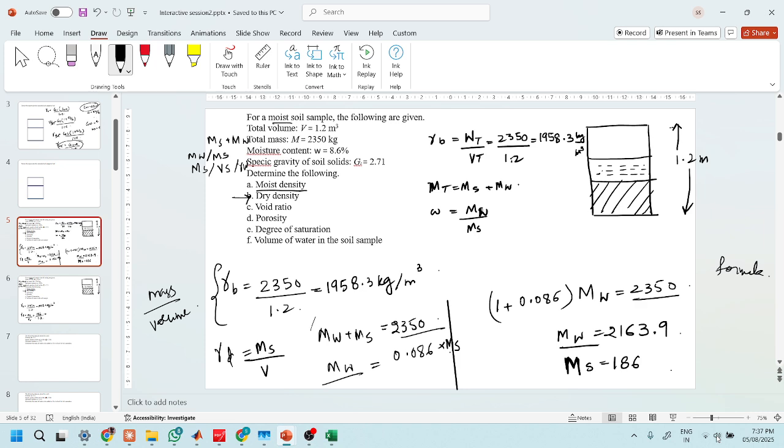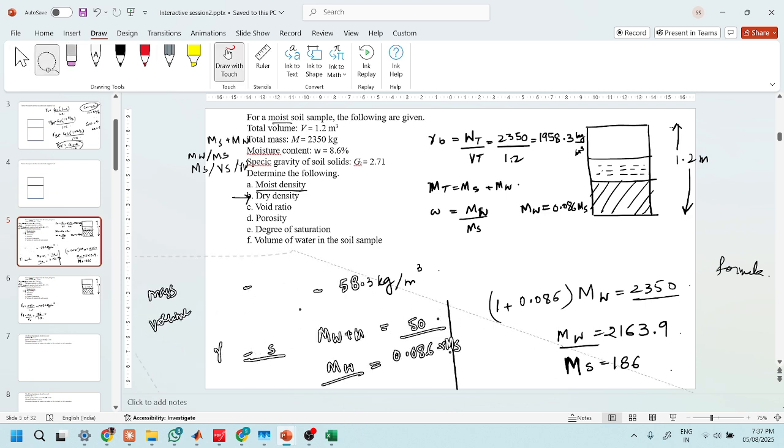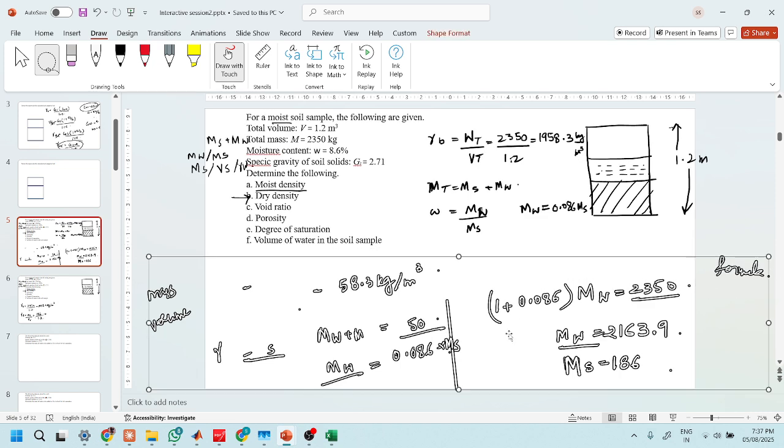So we will have mass of water equals 0.086 times mass of solids, and this is correct. We're not wrong anywhere.